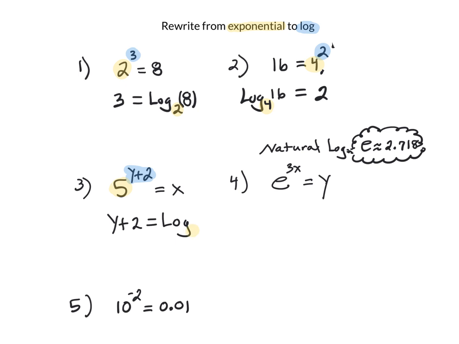So log base 5 of x, right? So y plus 2 is equal to log base 5 of x.